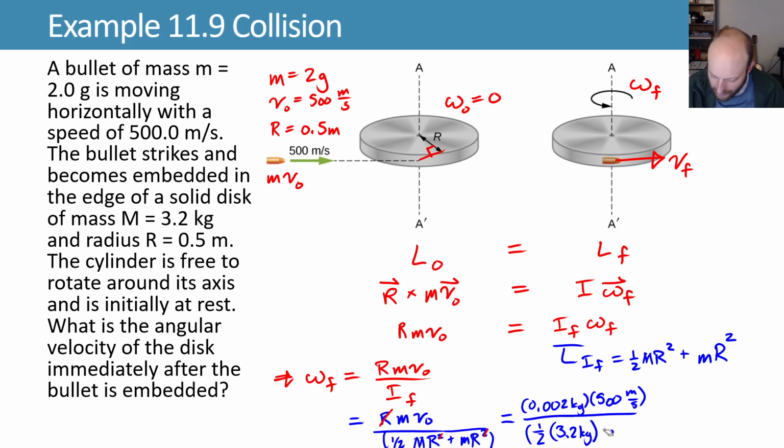Let's do that. So this will be 1/2 that mass plus the little mass of 0.002 kilograms. So we see, it turns out we could have actually probably neglected this and it wouldn't have made any difference in our calculation here. And then times our 0.5 meters.